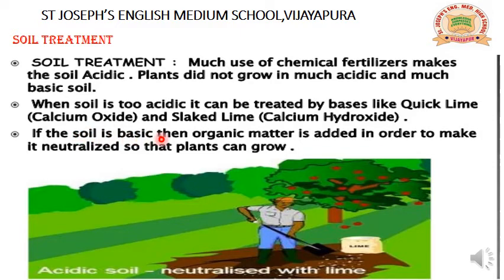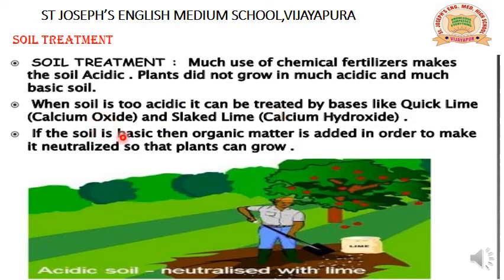If the soil is basic, then organic matter is added in order to neutralize it so that plants can grow. If it is acid, we treat it with calcium oxide and calcium hydroxide.